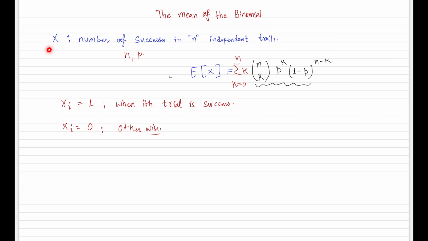And what is this random variable X? X is the number of successes in n independent trials.